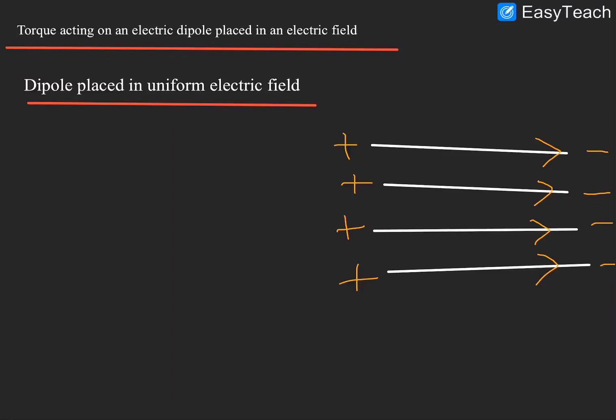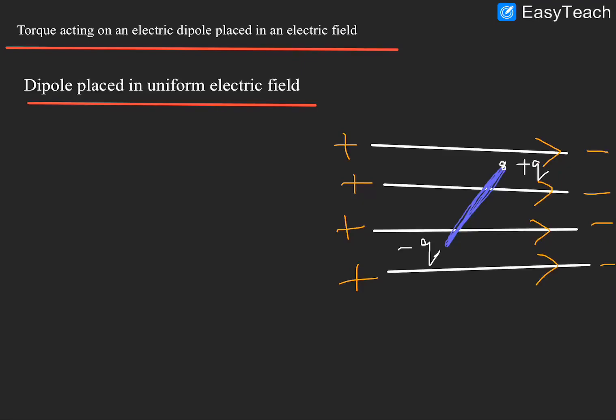Now you need to place a dipole in this field. Dipole means two equal and opposite charges separated by some distance. So I am placing a dipole here in this field. This is my dipole. This end is plus q and the other end is minus q.